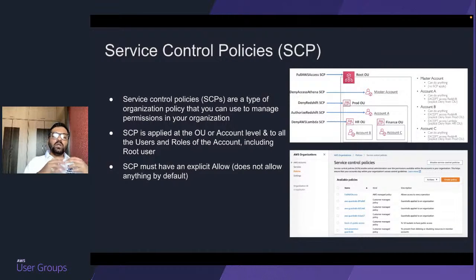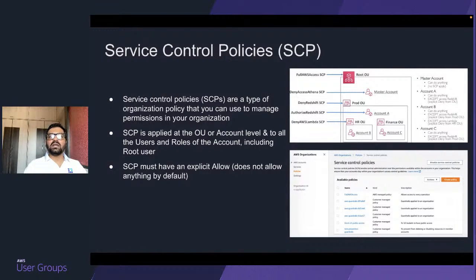By default, when you enable an organization, there is one service control policy, which we generally refer to as SCP. That SCP comes with an explicit allow. Again, we should ensure that it does not allow anything by default, but the explicit allow comes up. You can define different kinds of stuff.